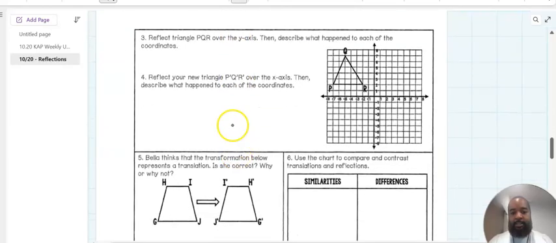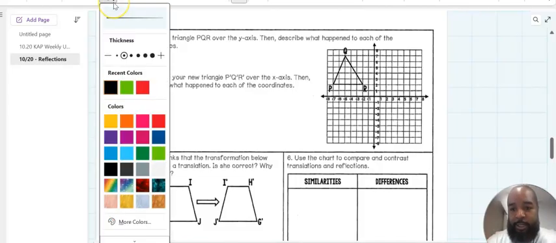Okay, so let's look at number 3, and they want us to reflect the triangle over the y-axis. Okay, and then describe what happened to the coordinates. So if I have over the y-axis, let's change my color here.